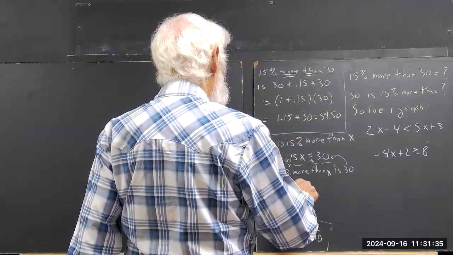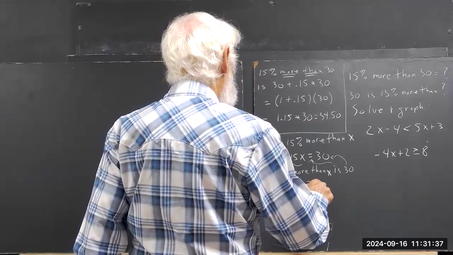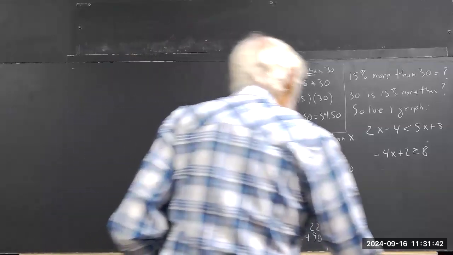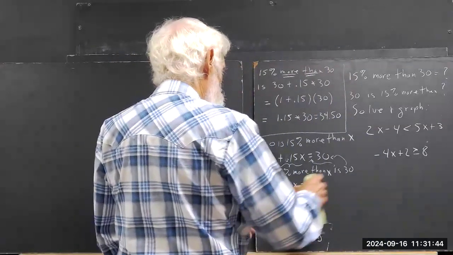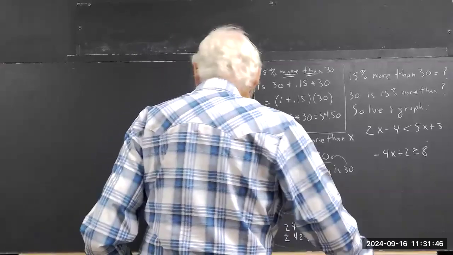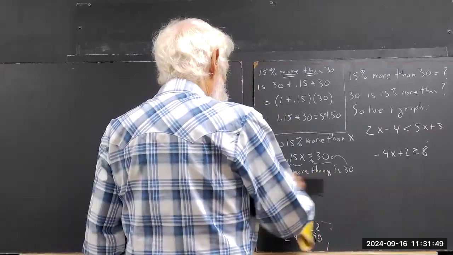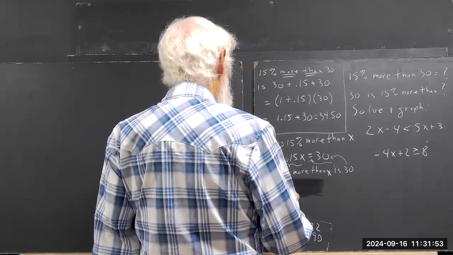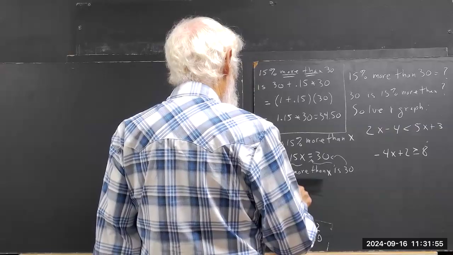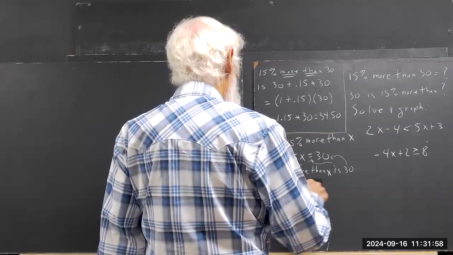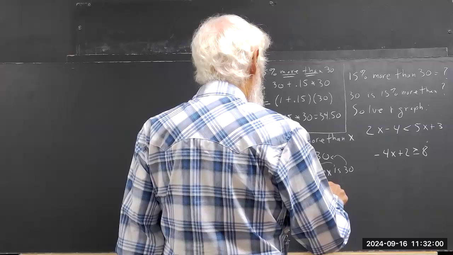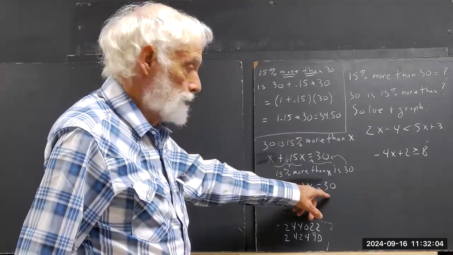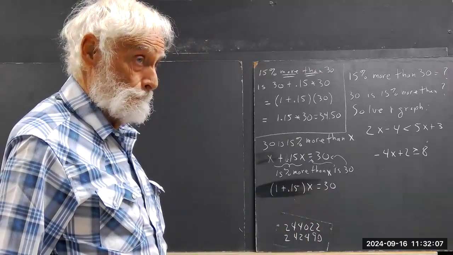And we have to do it in this case. We add, well, let me do both steps. I don't want to emphasize the distributive law. Same way I did before. So 1 plus 0.15 times X is 30, right?